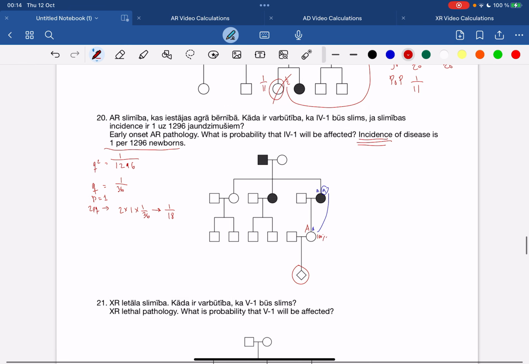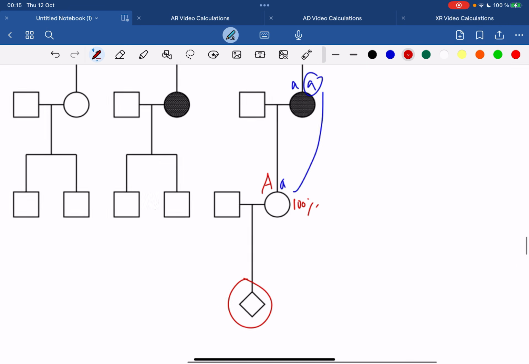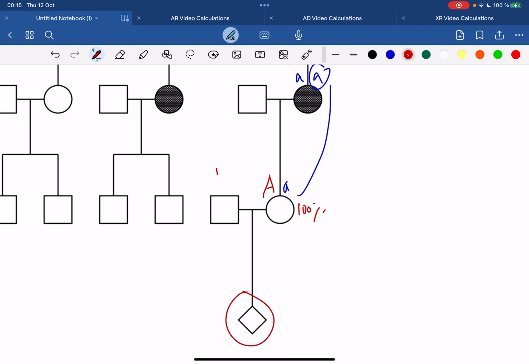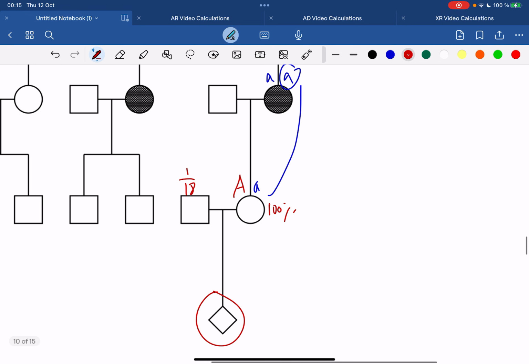Yes, perfect. So this person has a 1 out of 18 chance of being a heterozygous carrier.